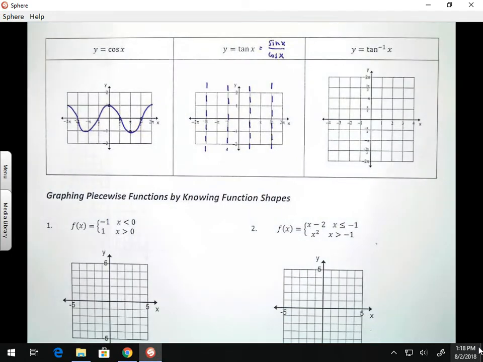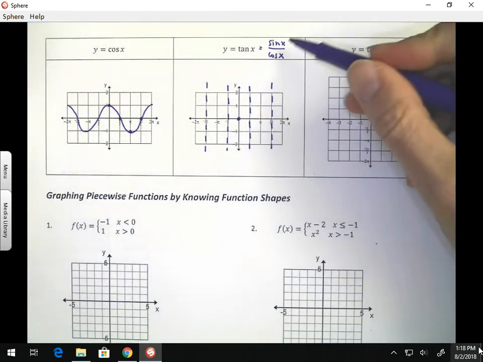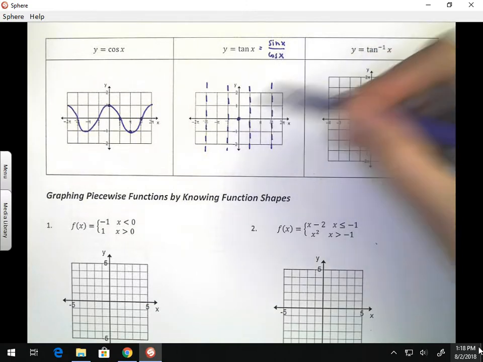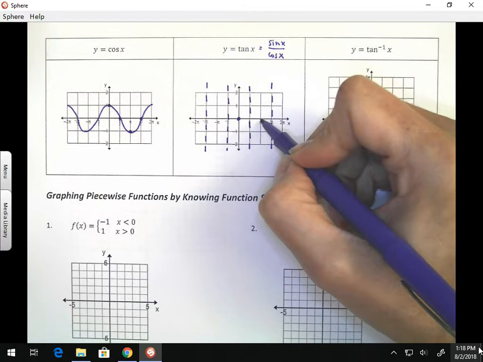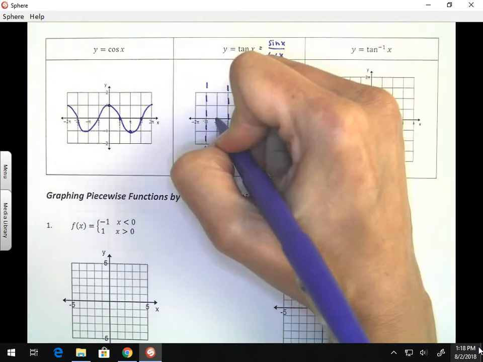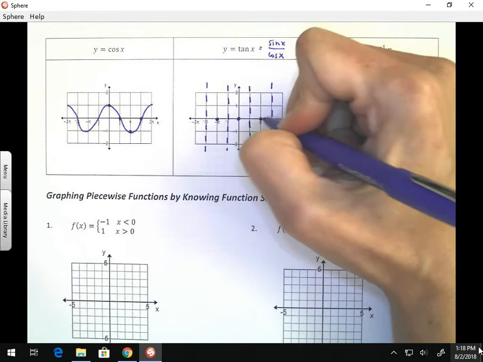Now, in between those intervals, we're going to have intercepts here. So in other words, sine of 0 is going to give me 0. Cosine of 0 is 1, so 0 over 1 is going to give me 0. Same thing happens at pi. Sine of pi is 0. Cosine of pi is negative 1, so we're going to have 0. So we have zeros, and then it's just trapped in between those asymptotes.